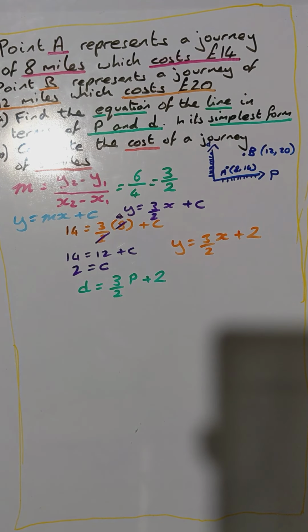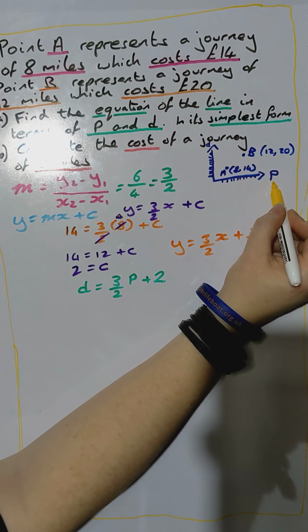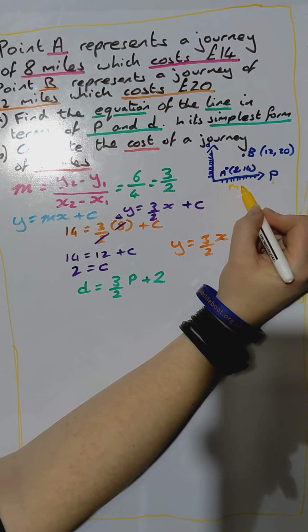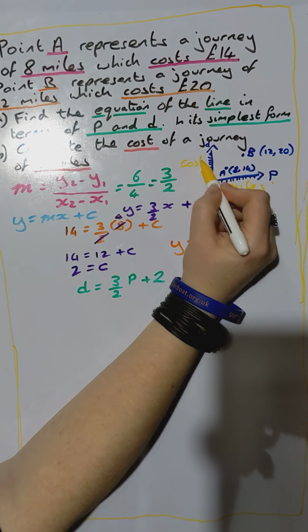Finally, we're asked to calculate the cost of the journey of 5 miles. So if you remember, my p is my miles and my d is my cost.